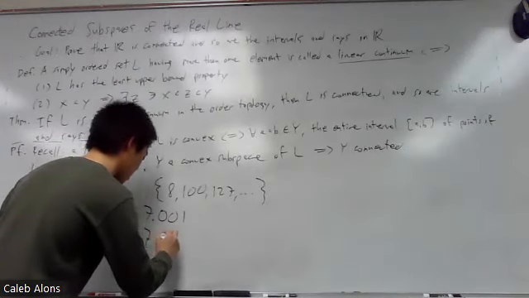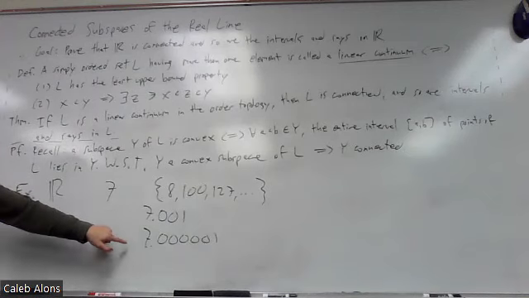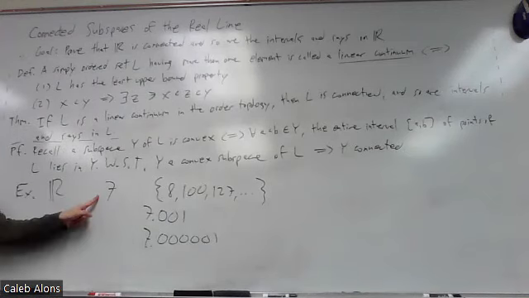So what about 7.00001? Well, now that's less than this, so that means it's a smaller upper bound than 7.